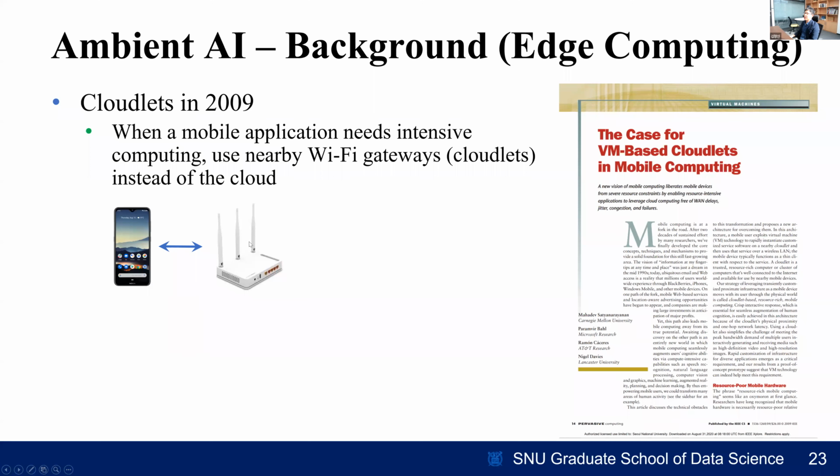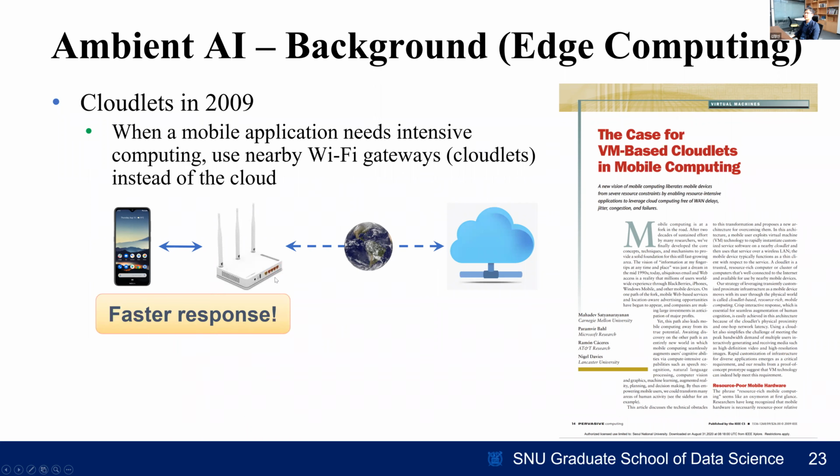And it is also called cloudlets, not the cloud. And using this Wi-Fi gateway would be more helpful than using this faraway cloud mainly in terms of latency, right? Because the Wi-Fi gateways are much closer than the cloud. So it results in faster response. But these resources are much more constrained compared to the cloud, so it is called cloudlets.